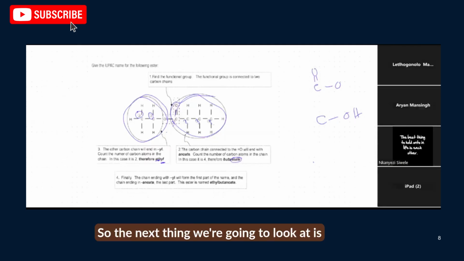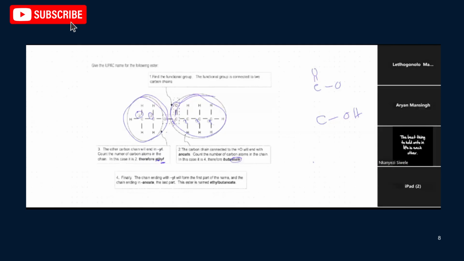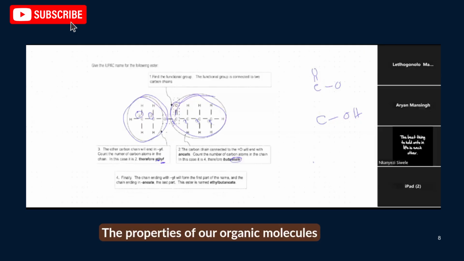So the next thing we're going to look at is the properties of our organic molecules. The properties of our organic molecules is dependent on the functional groups. And the functional groups will tell us what type of intermolecular forces we have. We know with regards to intermolecular forces, we have the van der Waals forces, which have the hydrogen bonding.